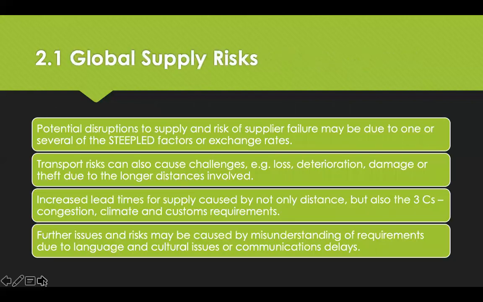There are a range of additional risks introduced through global sourcing, such as those you can see on the screen. So you've got potential disruption to supply chain risks or supply failure, and that may be due to one or several of the STEEPLE factors or exchange rates. Transport risks can cause challenges, such as loss, deterioration and damage, or theft due to the longer distance involved.